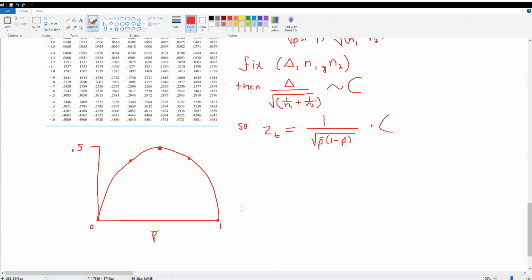What does that mean? Well, if the denominator is largest at 50-50, then our zt will be smallest at 50-50. If our p bar gets further and further away from 50-50, then our denominator becomes smaller and smaller, which therefore makes our zt larger.